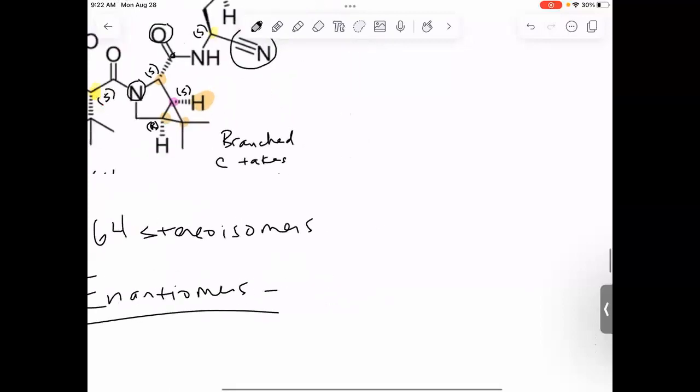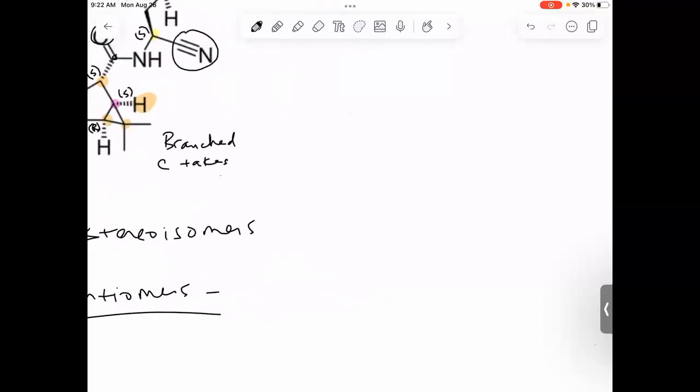Right? These are one of the, remember when we first started talking about chirality, one of the criterion was that the mirror images be non-superimposable. So enantiomers are non-superimposable mirror images.